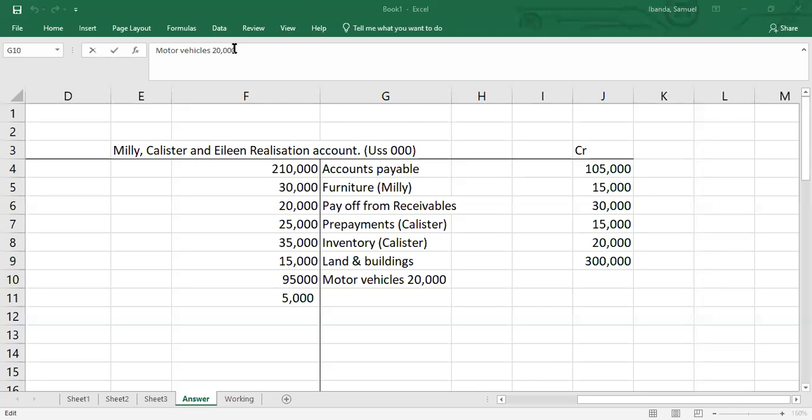Why are we recording prepayments and inventory to Calista, both and Eileen under capital account? Okay, let me just try to check that. Just a moment, let me first finish here. Maybe it's just a mistake.